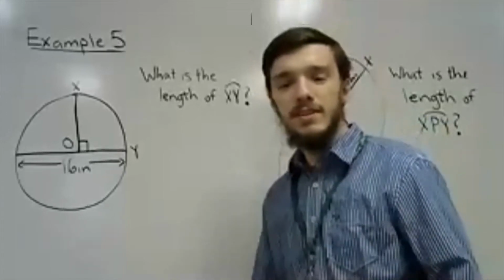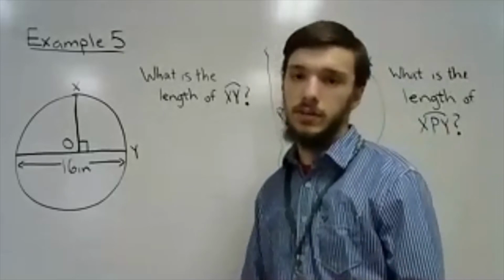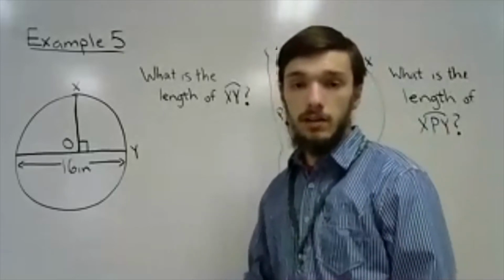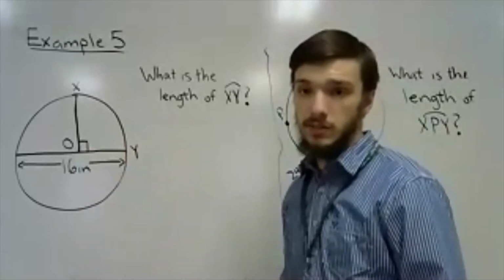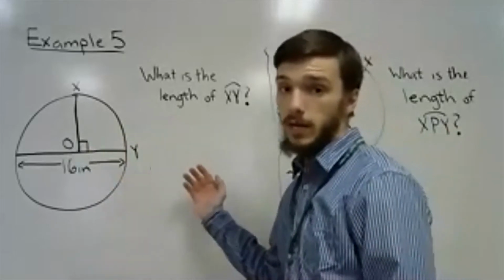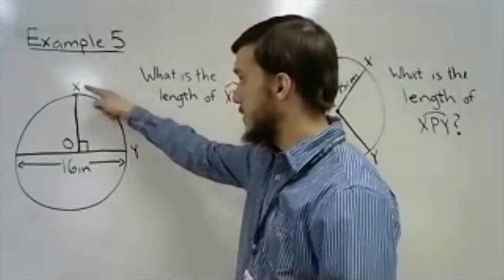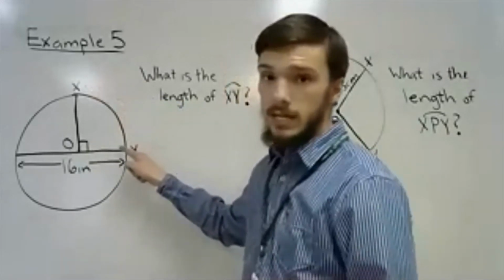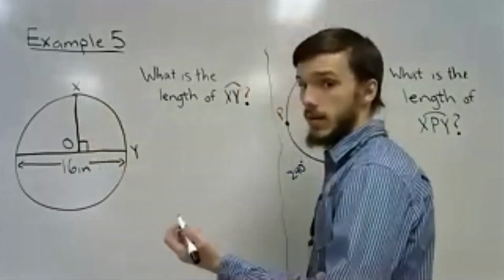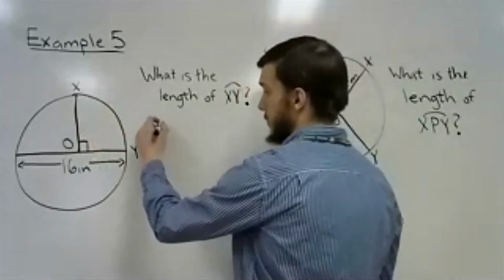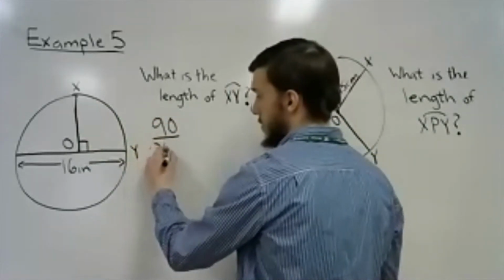All right, so let's apply this idea of finding the length of an arc in a circle. The question in example 5 is, what is the length of arc XY? If we take a look, arc XY is formed by a 90-degree angle. So for the fraction, we're going to take 90 divided by 360.